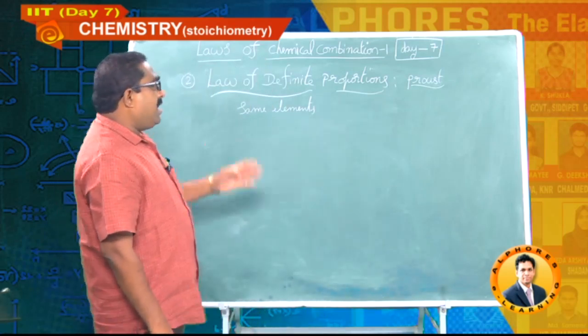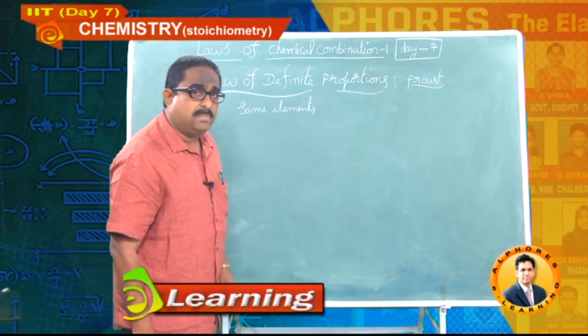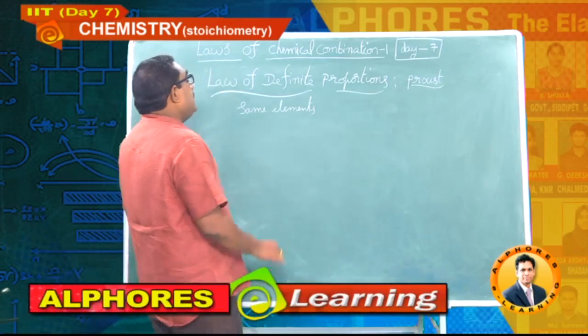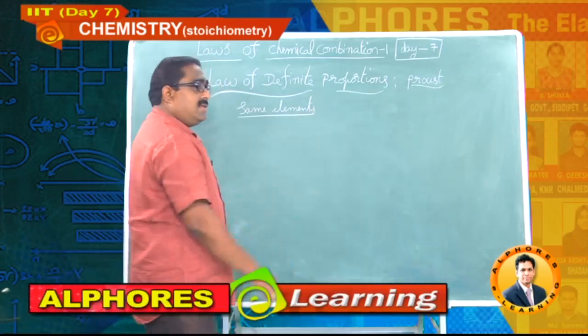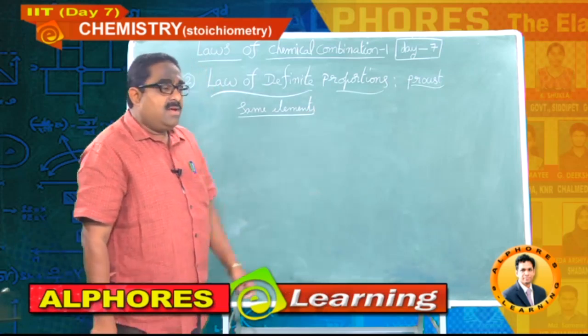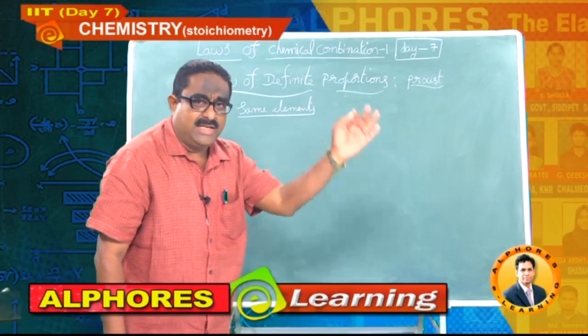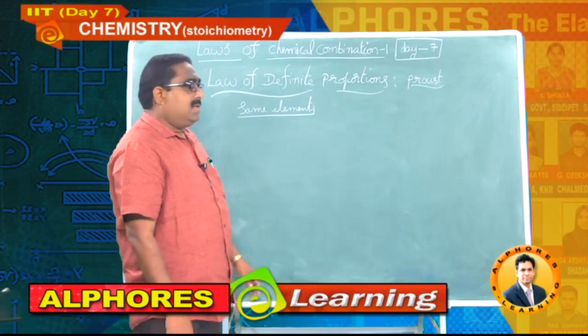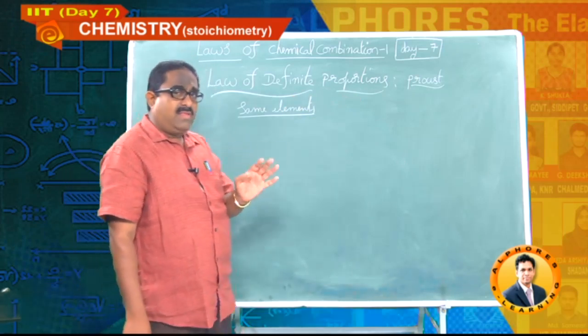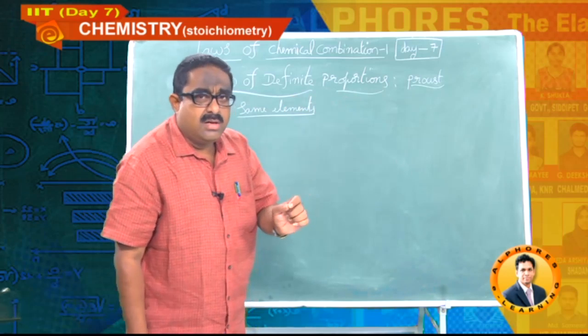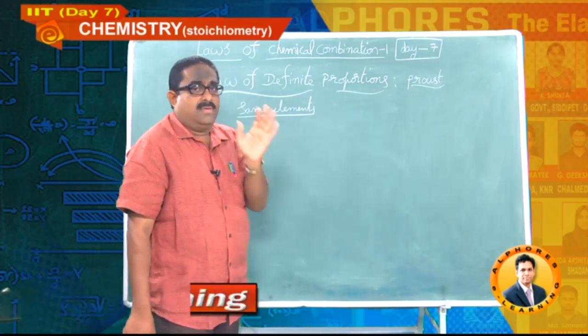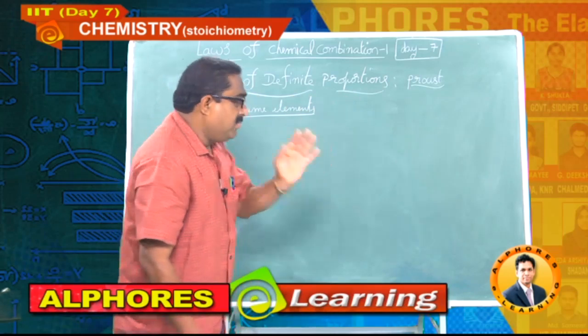That is the statement of the law of definite proportions. Same elements always combine with a fixed mass ratio, that is the meaning. Same elements always combine with a fixed mass ratio for a particular compound.